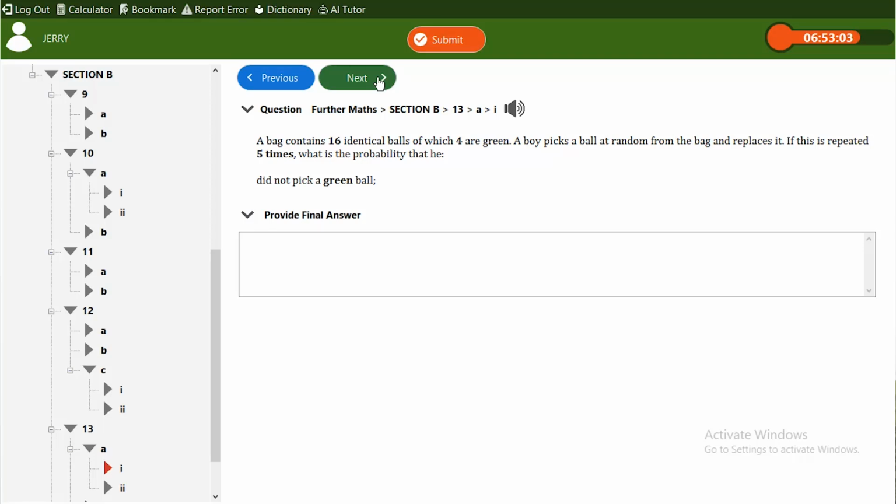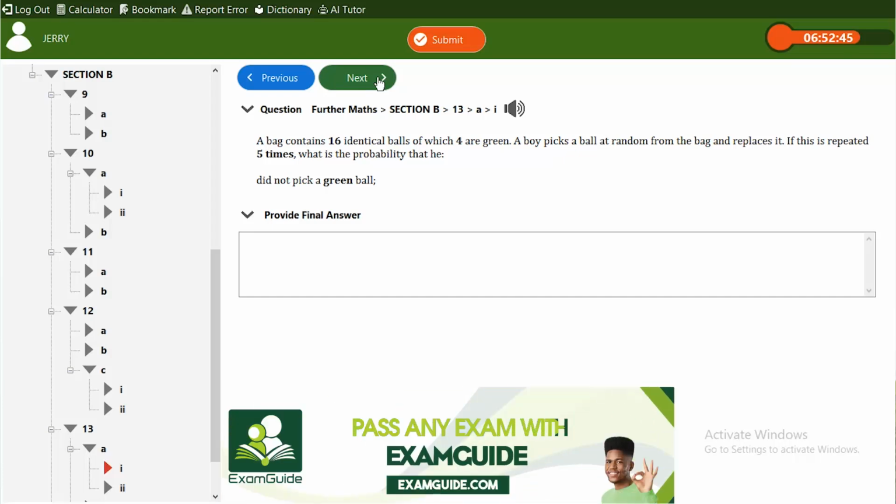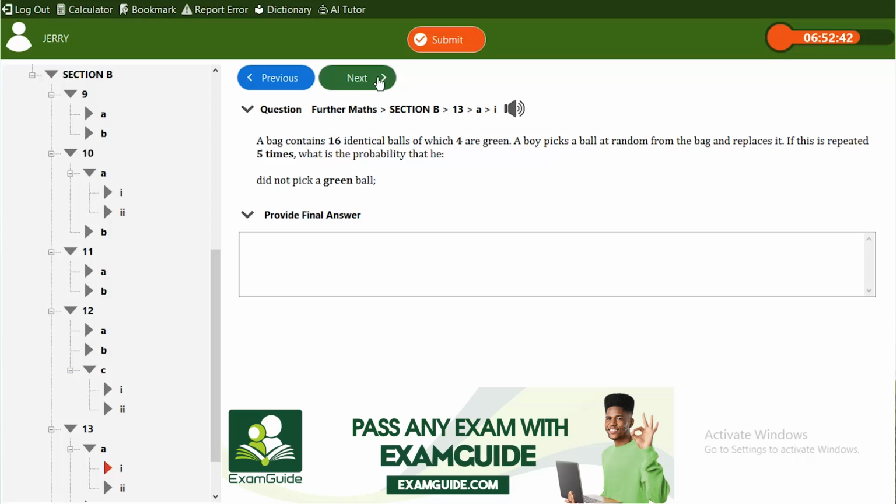Question number 13 is probability, because I told you section C is probability and statistics pure. A bag contains 16 identical balls, of which 4 are green. A boy picked a ball at random from the bag and replaced it.